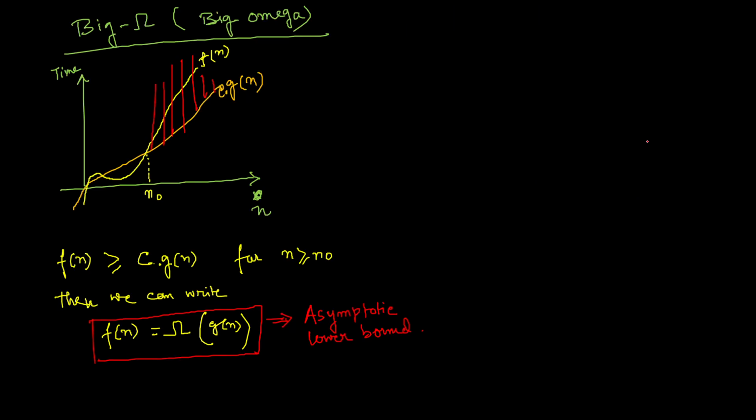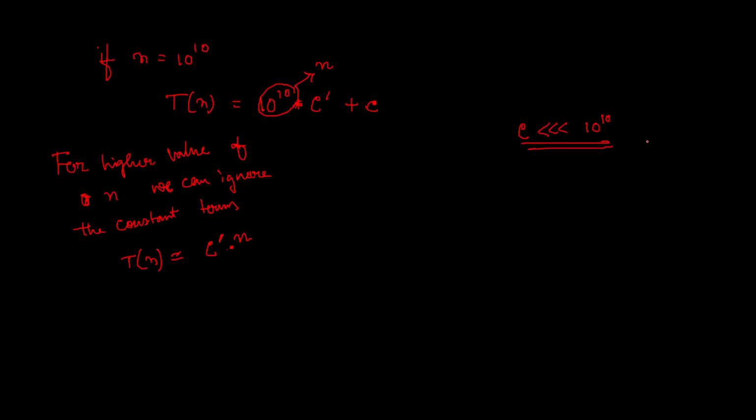That means here also you can say that this T of n is a linear curve. There is no square term, and it is a linear curve multiplied by a factor C dash. Whatever the factor is doesn't matter, the class of the function will remain linear in this case.